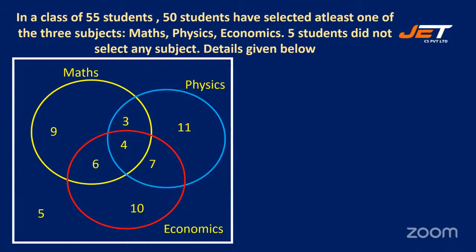See this, in a class of 55 students, 50 students have selected at least one of 3 subjects: maths, physics, economics. 5 students did not select any subject. Details given below. How many did not select maths?